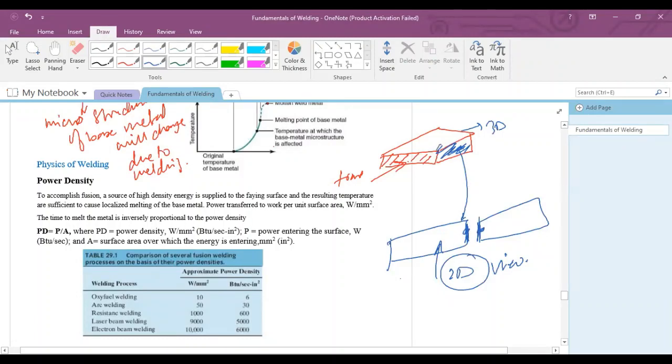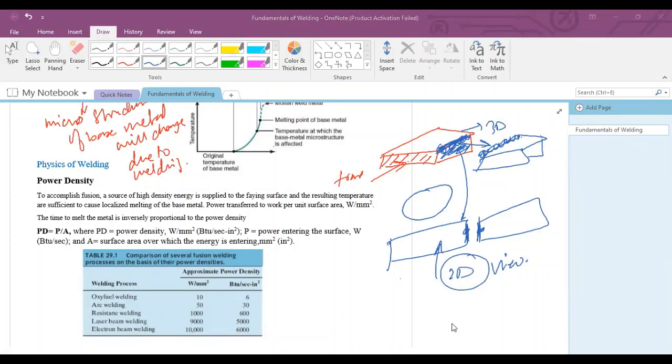Like if you have this area and the other plate, and you want to join this part as well, localized means on a concentrated area. And power density is the energy required to transfer to the surface to melt it per unit area.